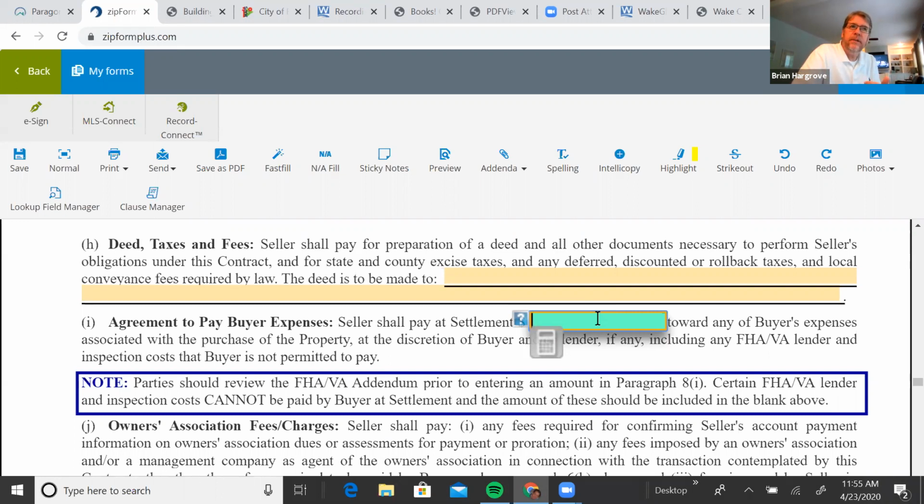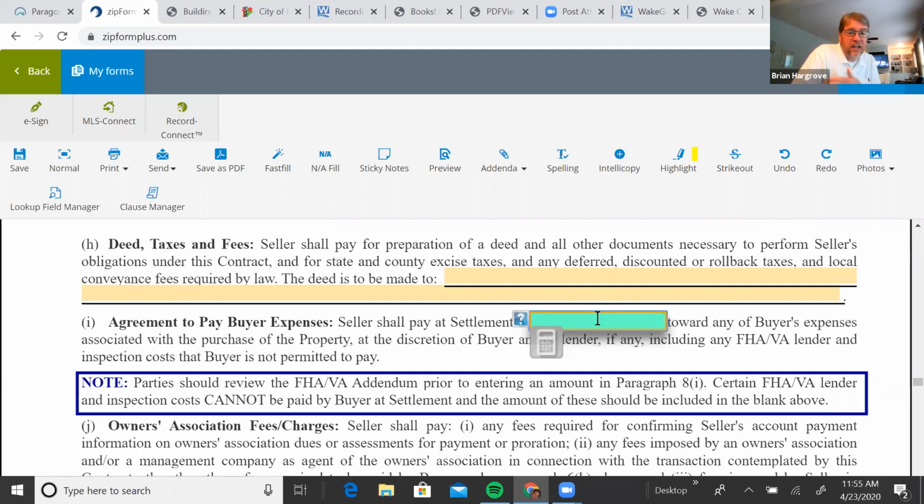Number two is if there's no other offers and your clients need closing costs to help them, put it in here. What I would tell you is that you need to make sure you're asking for something that makes sense. If your client needs all the closing costs to be paid for, they don't have funds for closing costs, then make sure you get them all in here. Talk to the lender.